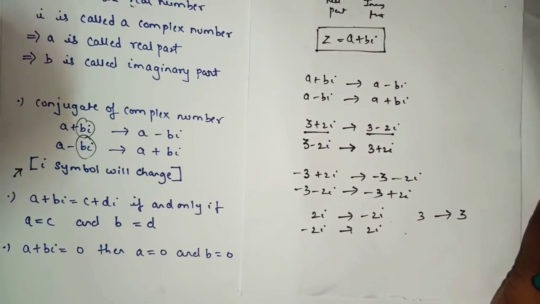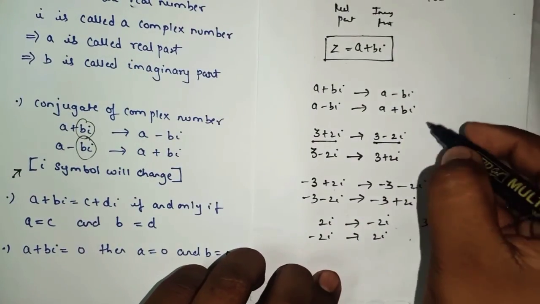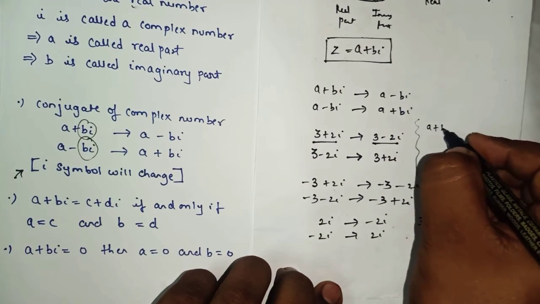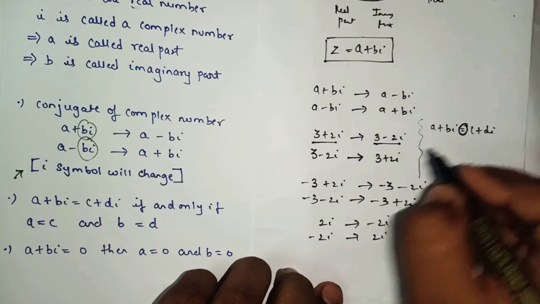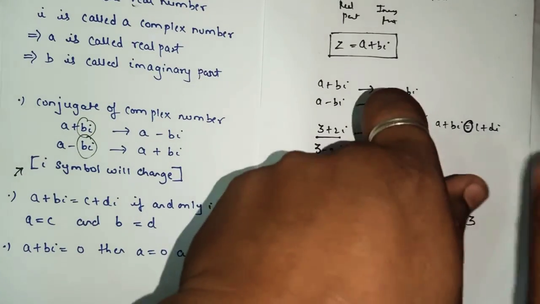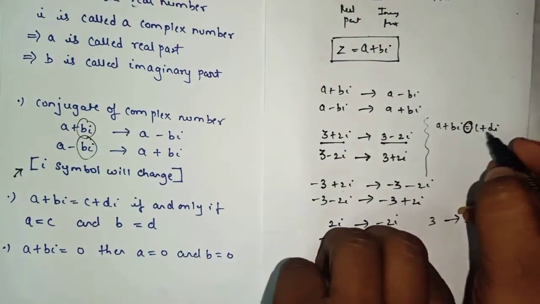Now the next part is a property. It says that if a plus bi equals c plus di, the left hand side and the right hand side are equal, that means it is balanced.